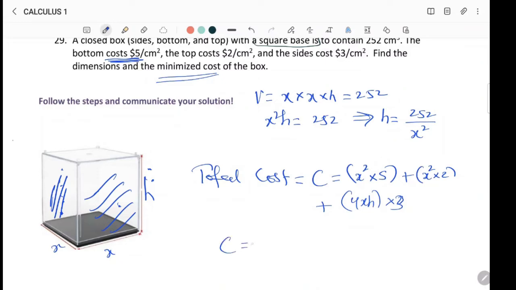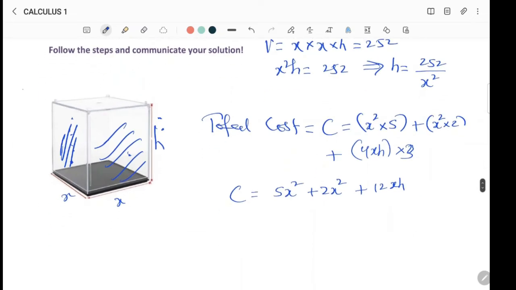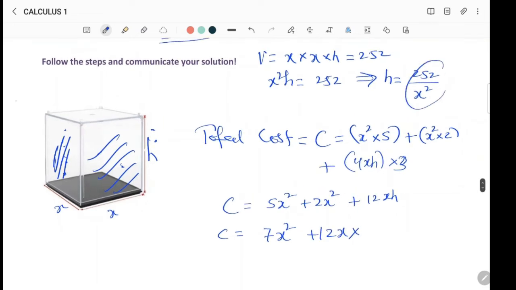So guys, capital C equals, I got 5x square, 2x square, and this is 12, 4 times 3, 12xh. So this is 7x square, this is 12x, and then times h, replace h by this, 252 over x square.